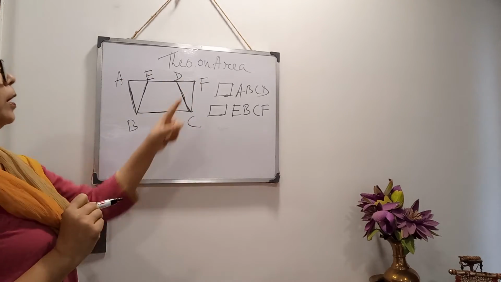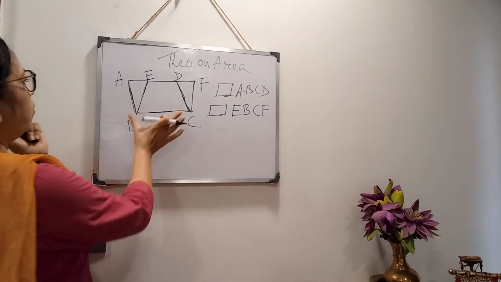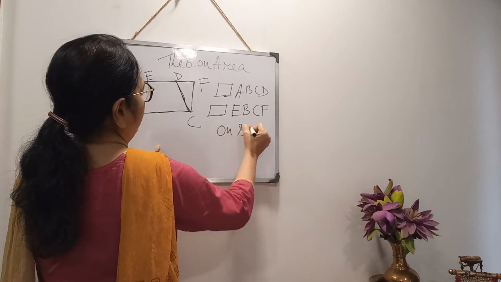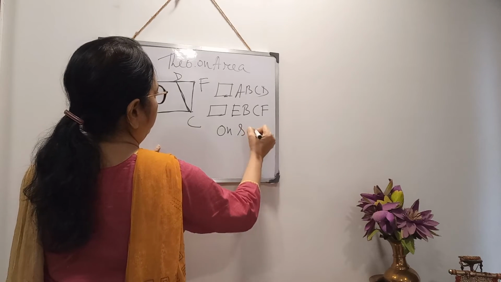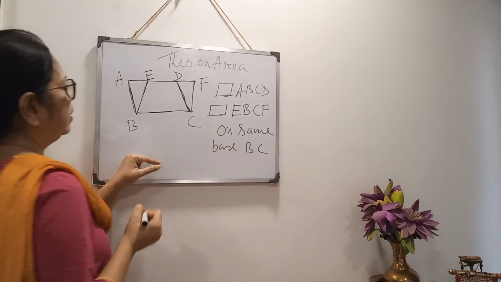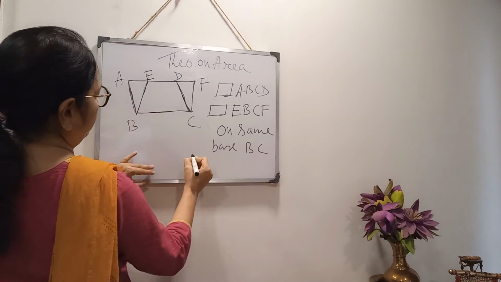Clear? Now these two parallelograms are on the same base. What is the same base? On same base BC. And between the same parallel lines AF and BC.